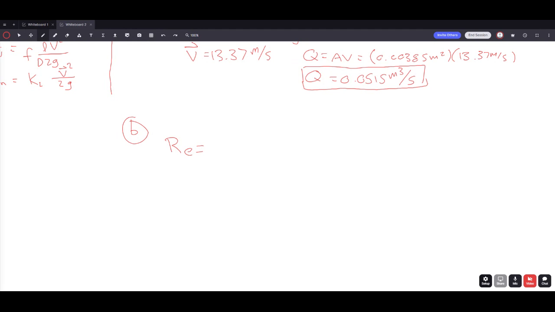What is it again? Rho V D over mu. So now that we have V, we can actually find this. Rho is 999 kilograms per meter cubed. V is 13.37 meters per second. D is 0.07 meters.